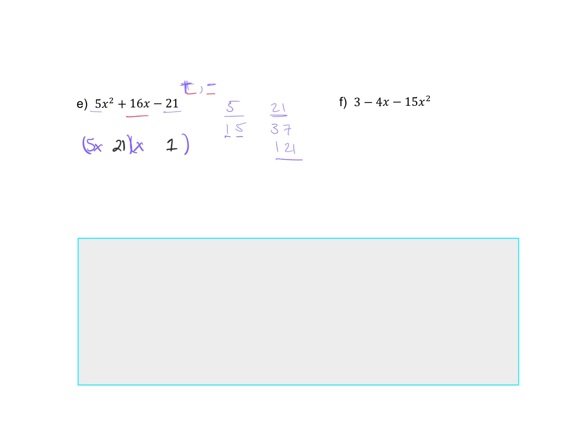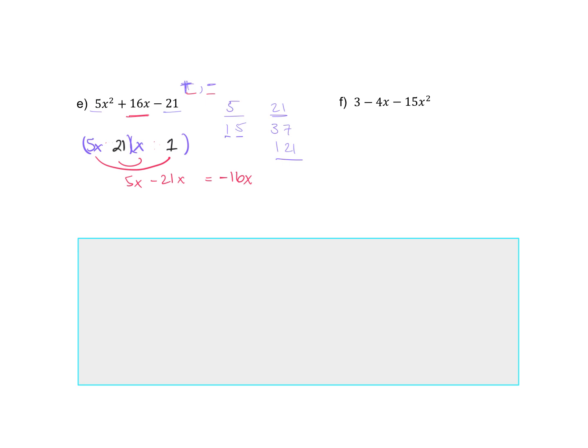Hopefully you can spot it, but if I put a minus here and a plus here, will I get the negative 16x when I do outer and inner? So I do the outer, I get a positive 5x. I do the inside, I get a negative 21x, which winds up with a negative 16x, so I didn't put my signs in the right place. So we are going to switch them. I'm just going to erase it for the sake of showing what I'm doing.